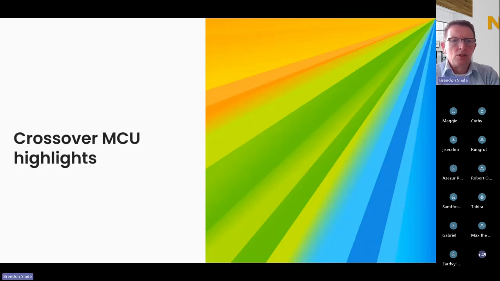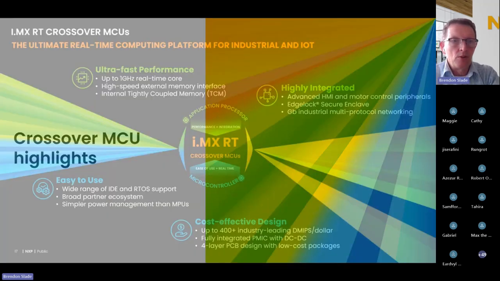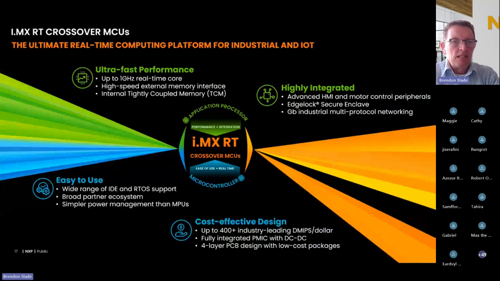I just wanted to touch on the i.MX RT platform briefly, because it is extremely popular. The i.MX RT devices are flashless, built on processors that don't support flash, and that's one of the reasons we are able to get much higher performance, up to a gigahertz on the RT1170 product, and a lot of high-end features.